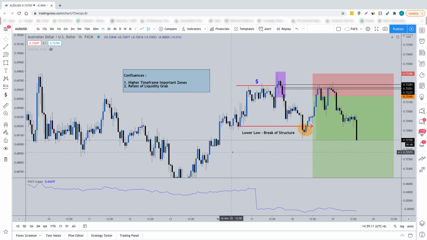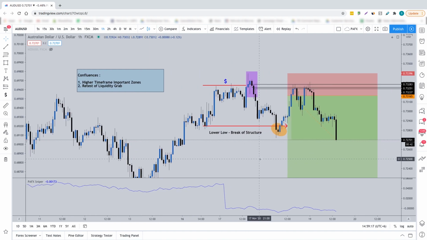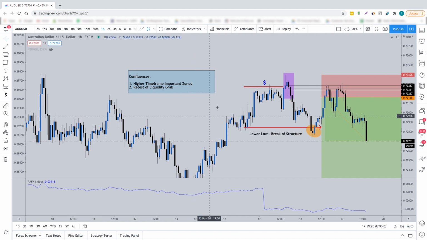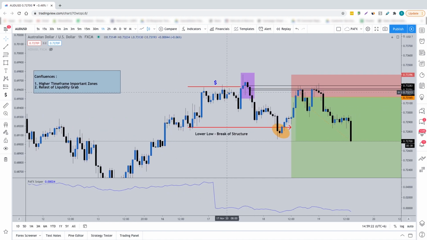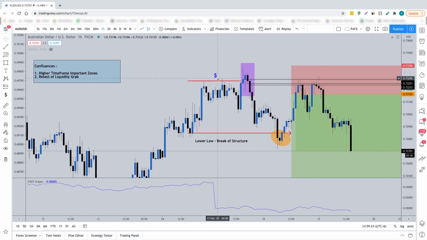Confluence number 2 was the fact that a liquidity grab area was being retested when we entered this trade. So what do we mean by this? If you see, right around this area, price created a high and started moving down. This movement down was right before the London session started. As soon as the London session started, people thought this consolidation is broken and price should now continue downwards.